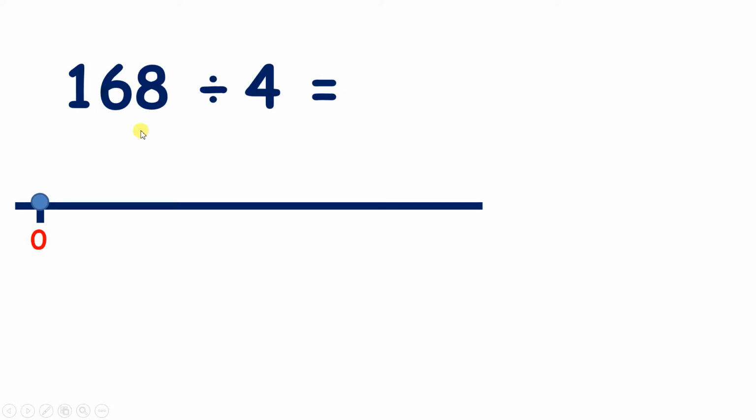We have 168 divided by 4. Now counting up in steps of 4 until we reached 168 would take us a very long time. So instead, let's count up in steps of 10 times 4, so in steps of 40.